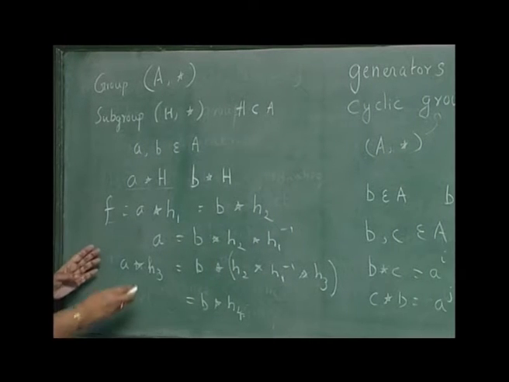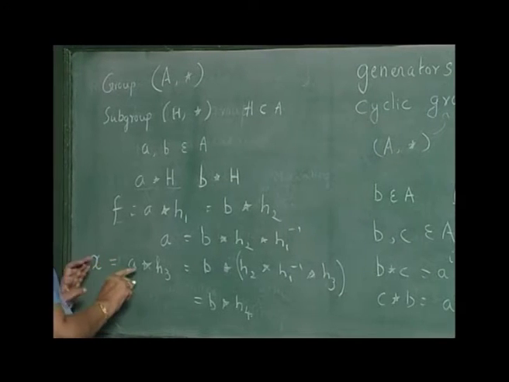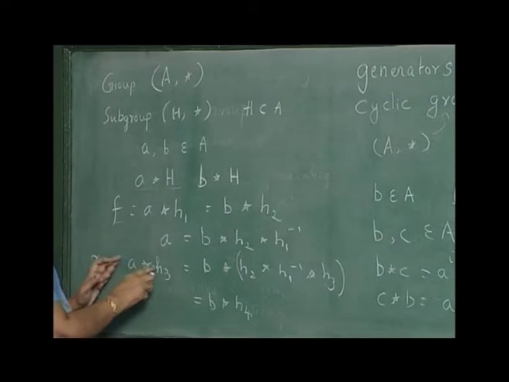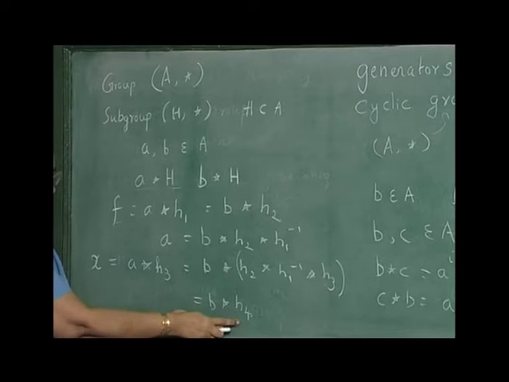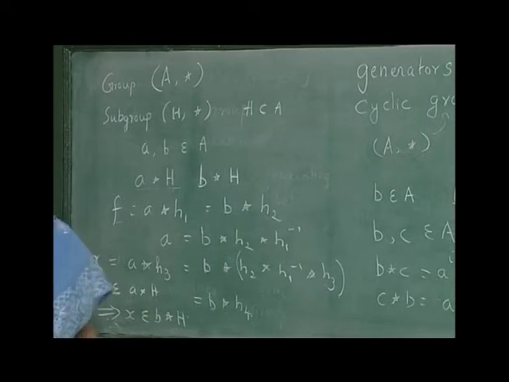So, if you take an element a star h3, some element x which belongs to this, you can also write x as this. So, if x belongs to a star H, it implies x belongs to b star H. Okay.